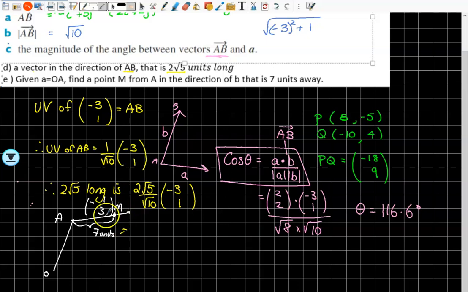So how am I meant to find point M? So once again, this would be point B, agreed? Do we know A, B? So we've got vector AB, so how do we find M?